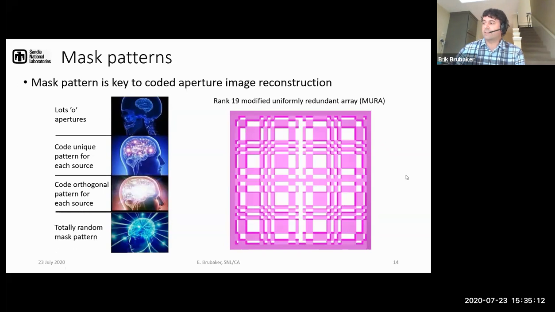The anti-mask provides a way to, if you have data both with the mask and its own inverse, the anti-mask, you can, as you'll see in a minute here, figure out the sort of background, the part of your detected flux that's not coming through the mask, that's not modulated by the mask, either because the mask isn't completely opaque, or because it's coming around the sides, or because you have instrumental noise in your detectors, or whatever it is.